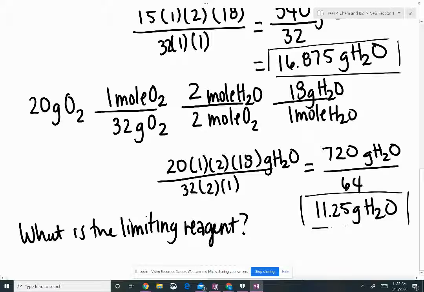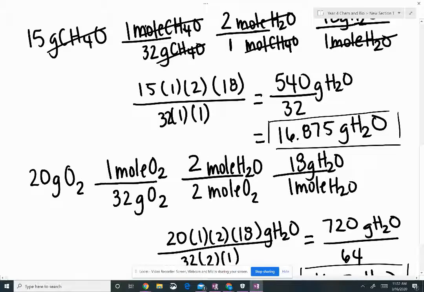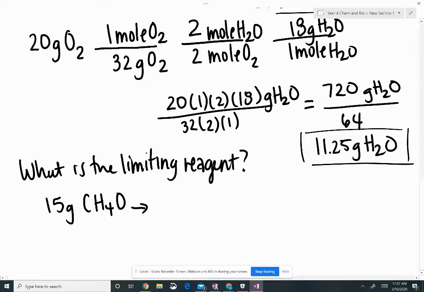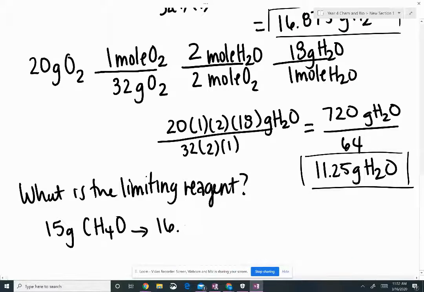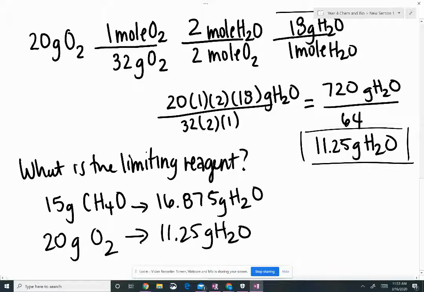So I'm going to look at my two answers that I got, right? 15 grams of CH4 makes 16.875 grams of H2O, and 20 grams of O2 makes 11.25 grams of H2O. So I compare and contrast those two answers with each other.